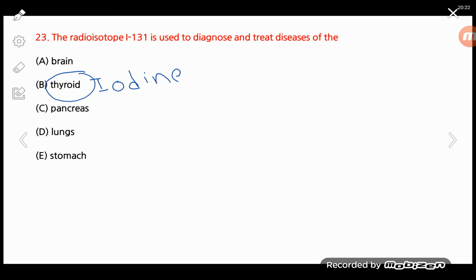It's one of the easiest cancer diseases to treat, because they will give chemotherapy that's attached to the iodine. The thyroid is the only organ that absorbs iodine, so it can take that chemotherapy attached to the iodine, and it will be used for treating the thyroid.